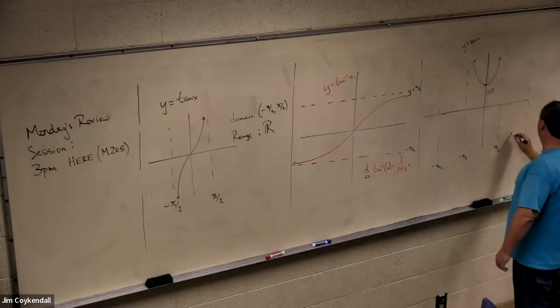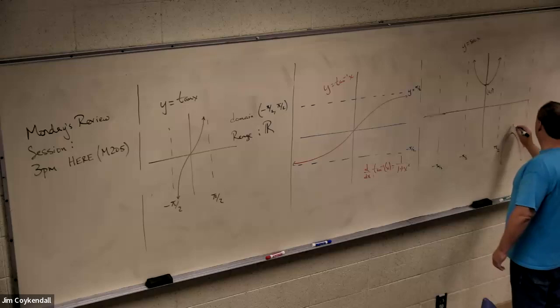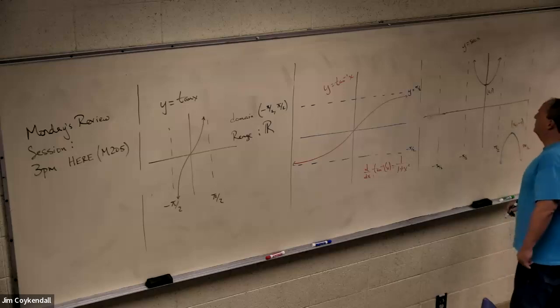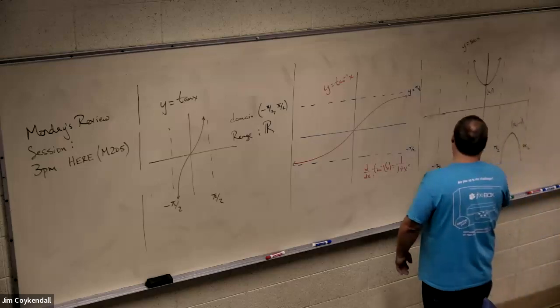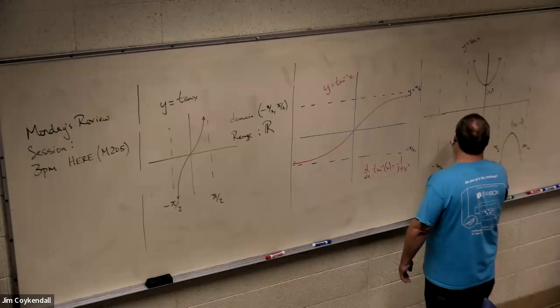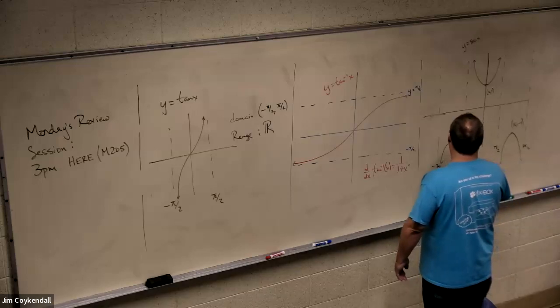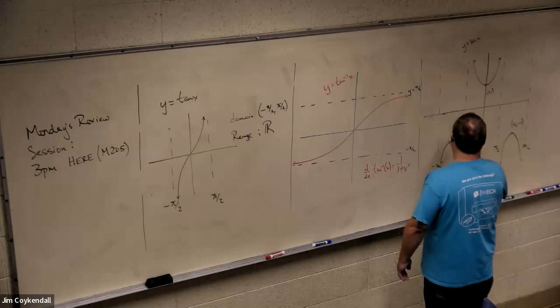And then in this range, between pi/2 and 3pi/2, the cosine is negative. This point, pi, negative 1. And it does this same thing over there. Minus pi.